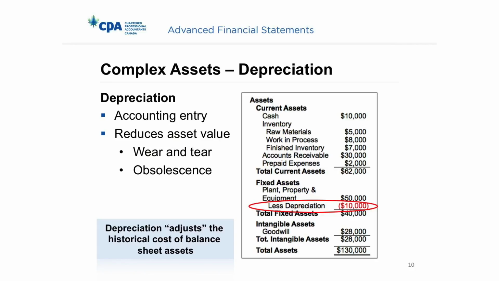So let's look at another item, depreciation. On the financial statements, accounting needs to record items at their original cost. So for equipment, you record it at original cost, and then you need to recognize the wear and tear over time, which is depreciation.